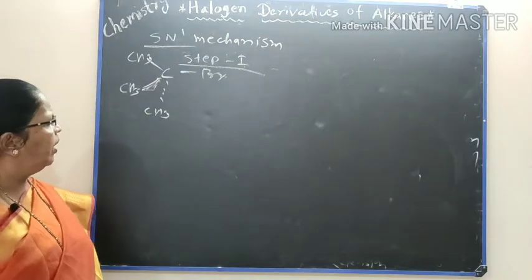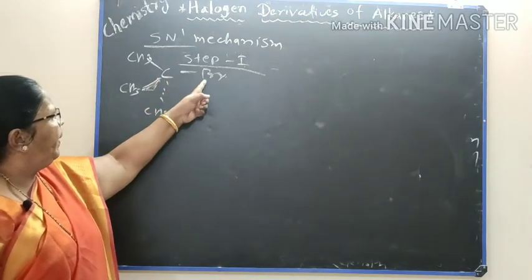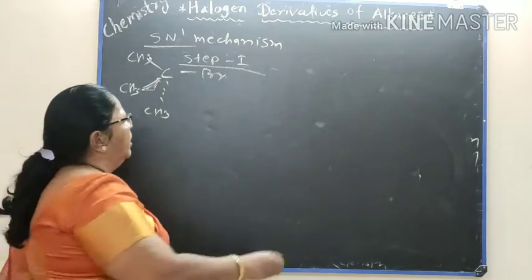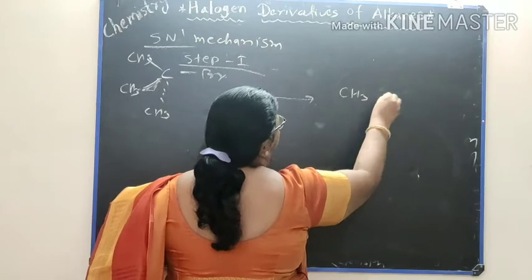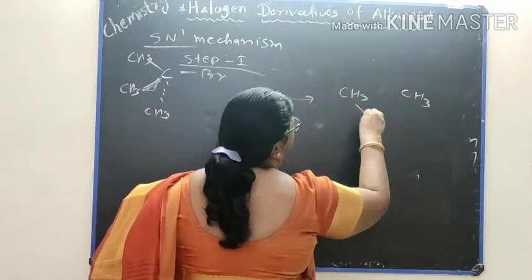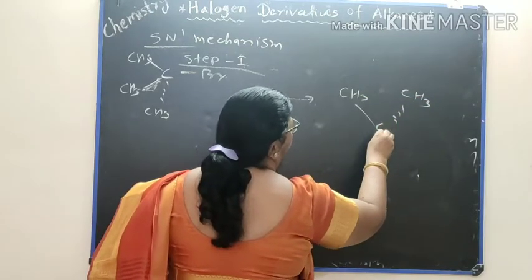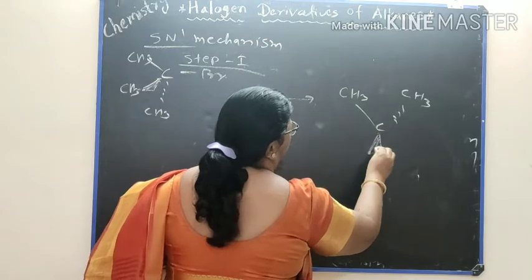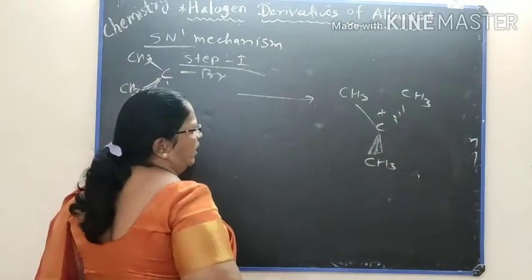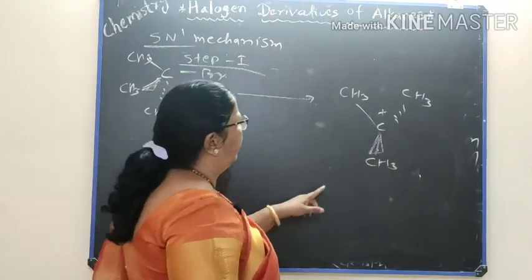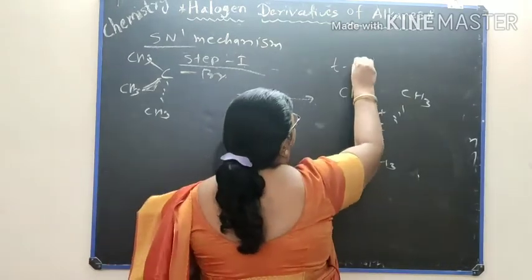In this step the C-Br bond breaks, and the tertiary butyl carbocation with a planar structure is formed. This is the tertiary butyl carbocation.